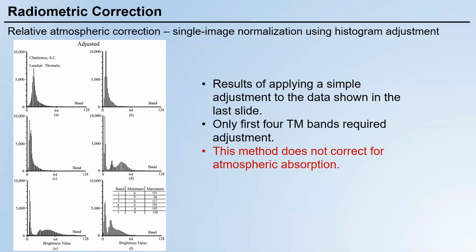Then you can do this. If the fact is that there are no pixels with 0 on band 1 or band 2 or band 3 or band 4, you should not do this adjustment.